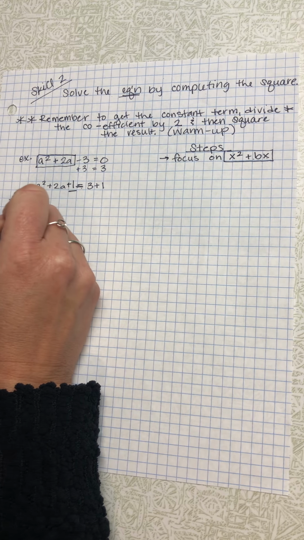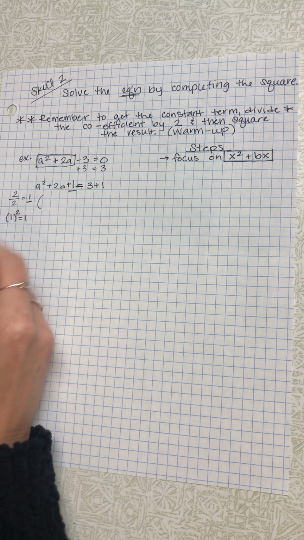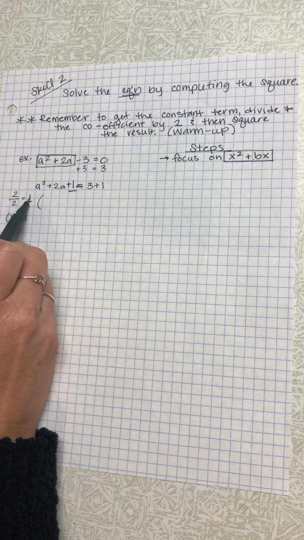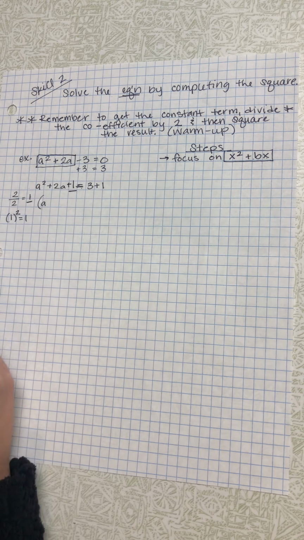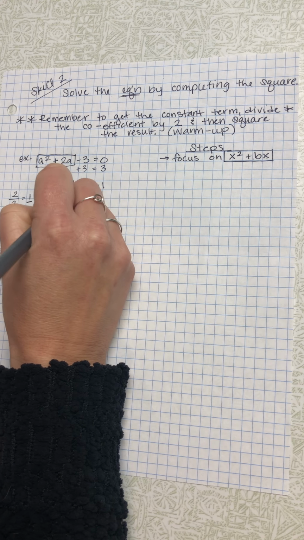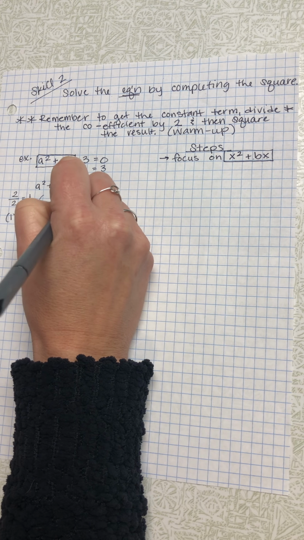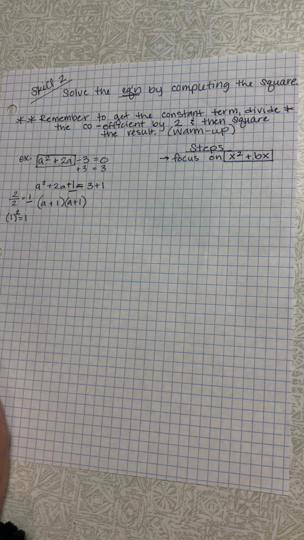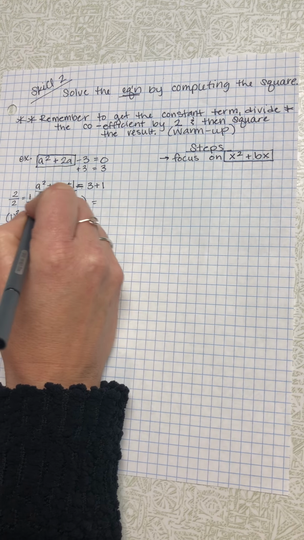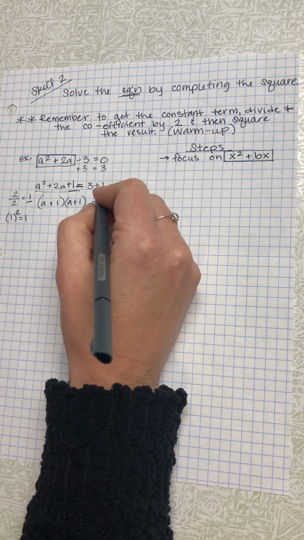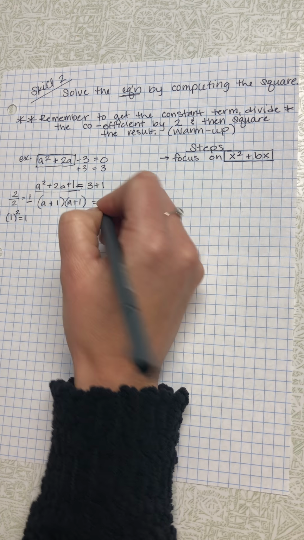Okay? And remember, when I cut it in half, this number becomes the number in my parentheses. So I would have had a plus 1 and a plus 1 as my square. And now that's this side factored. And on the right side, I have a 4.